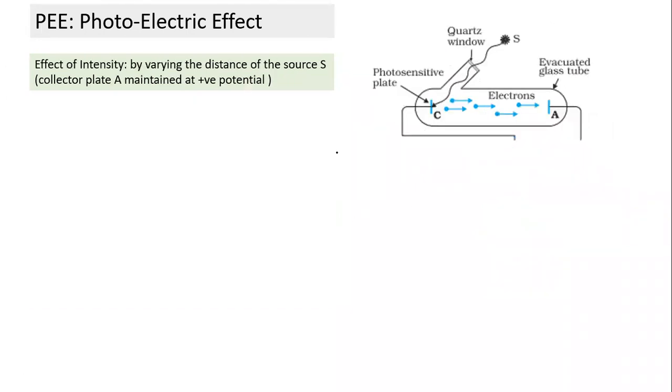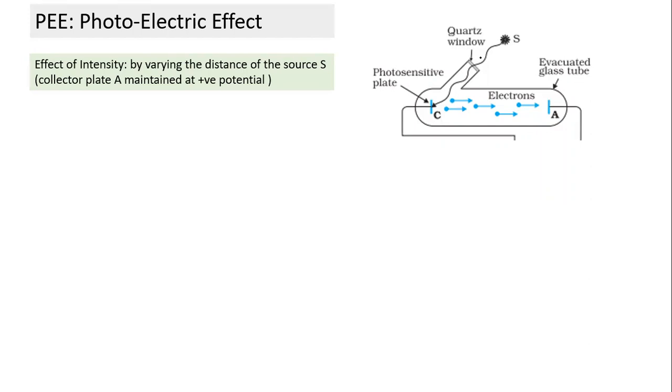So this was the kind of experimental setup which was used, and first let's study the effect of intensity. Let's see how we vary intensity, which is fairly simple. If I have a monochromatic source of light, I hope all of you understand what that means, something like a sodium lamp which emits yellow color, or using prisms we can separate.